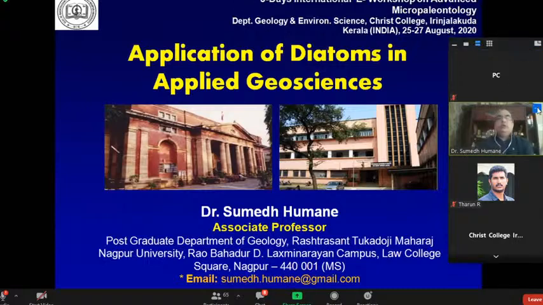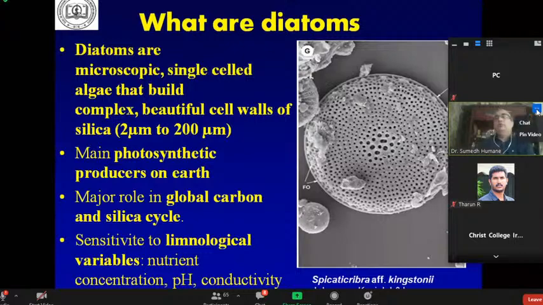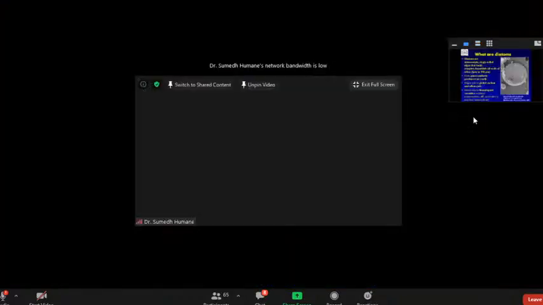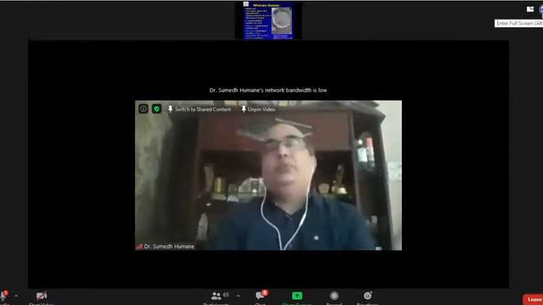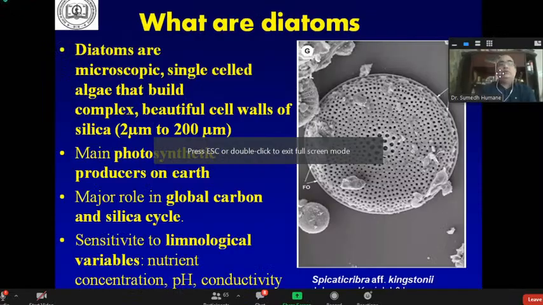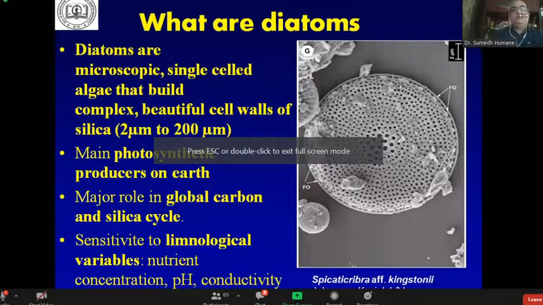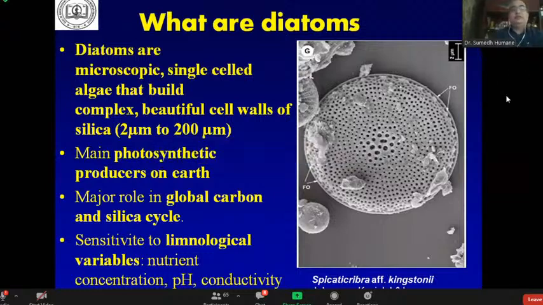Now coming to what are diatoms. Diatoms are unicellular, microscopic, single-celled algae of siliceous composition. They have a well developed, beautiful, complex cell wall of silica, as you can see in the picture.